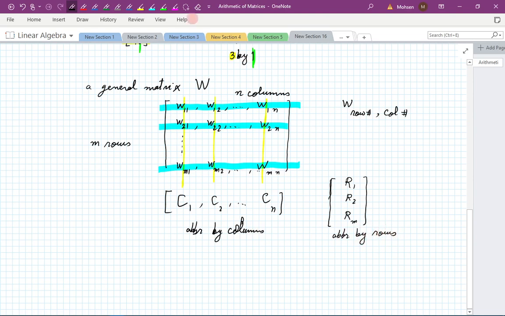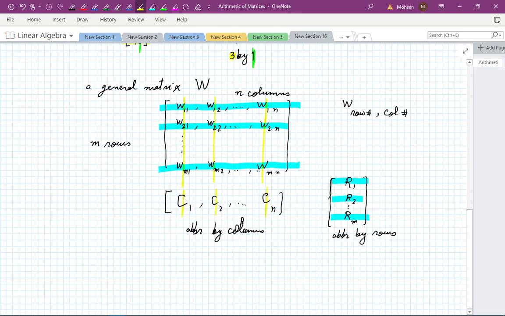So the idea is that each of them is one of the rows I had here. And let me put some dots here so that we are jumping from 2 to m. And in this case we are abbreviating by columns. This is column 1, column 2, and then the last column.